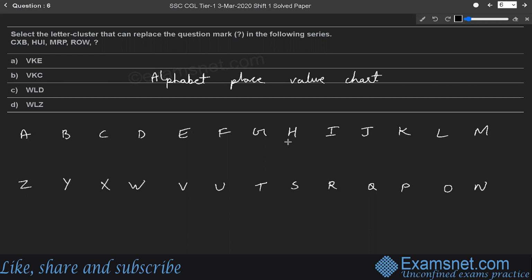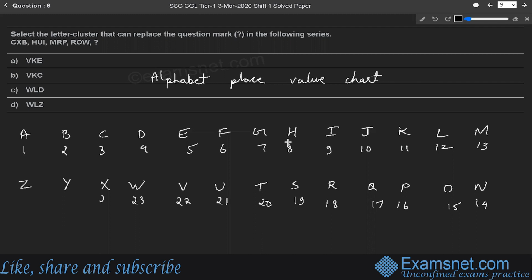The position of A in 26 alphabets is 1. The position of B is 2. Similarly, 3, 4, 5, 6, 7, 8, 9, 10, 11, 12, 13, 14, 15, 16, 17, 18, 19, 20, 21, 22, 23, 24, 25, and 26. Now, we have made the alphabet place value chart.